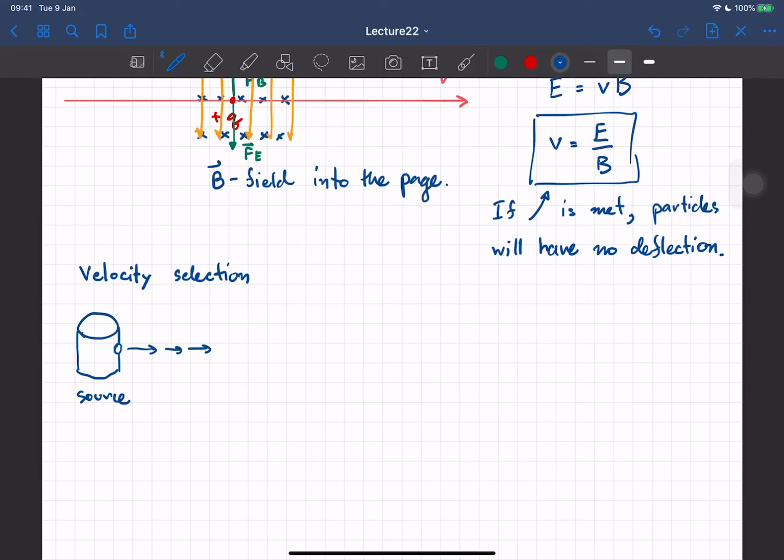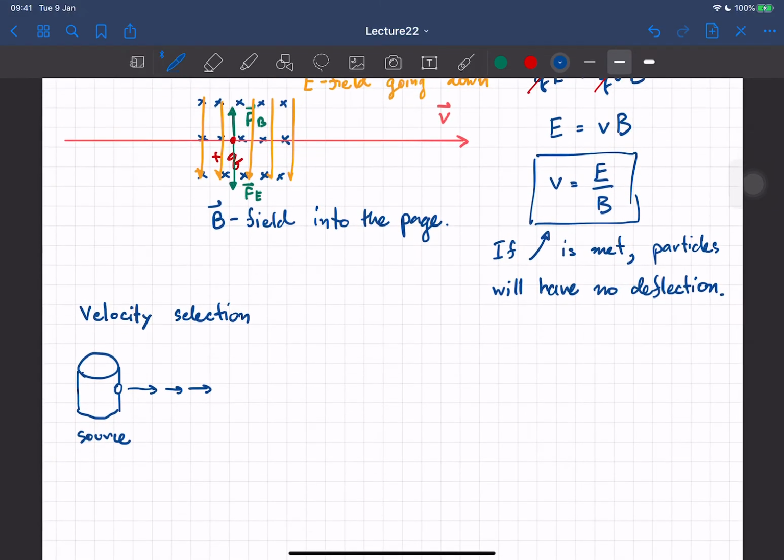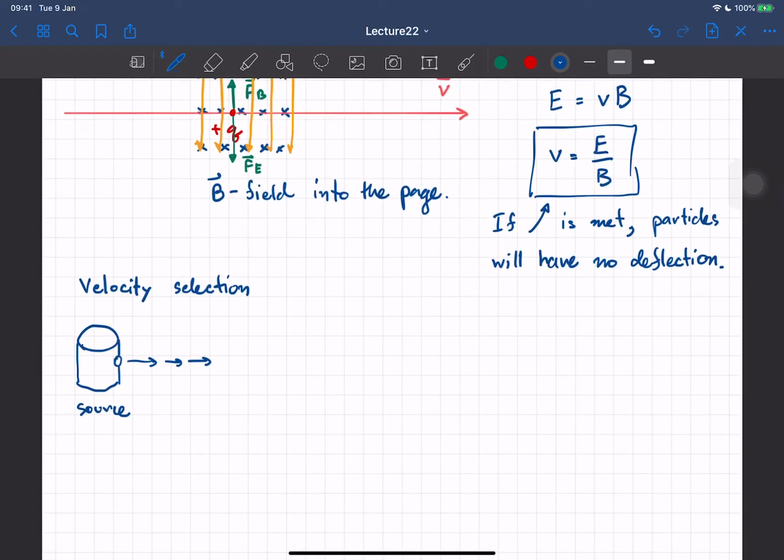So what you can do is similar to the picture that I drew above. You just set up a region with crossed magnetic and electric fields. So essentially setting up a velocity selector.